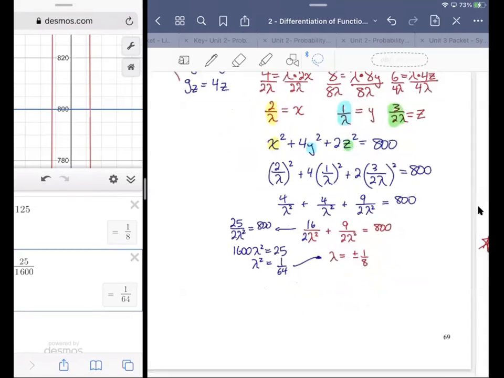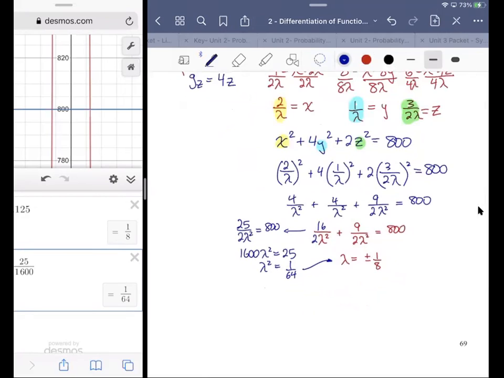All right, so I'm going to have a couple of sets, and you can organize it any way you want, as long as it's reasonable. So x is equal to 2 over lambda. Well, if I'm focusing on the 1/8, that's one possibility, because remember, it's plus or minus.